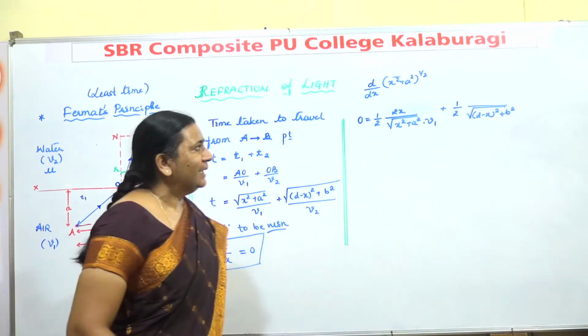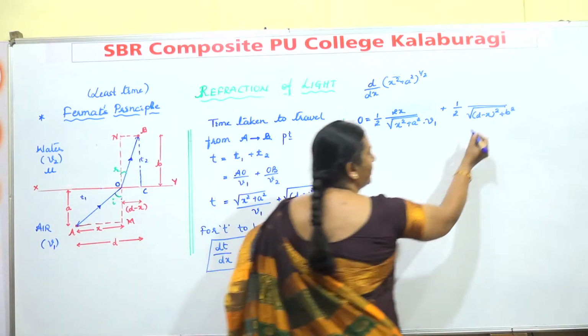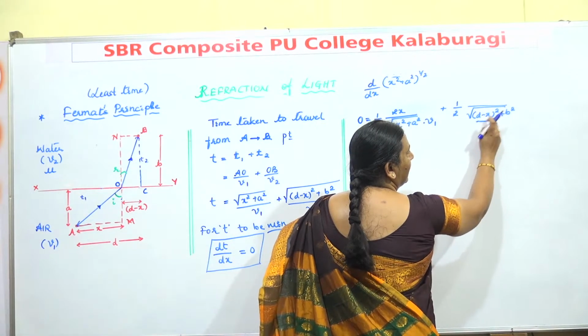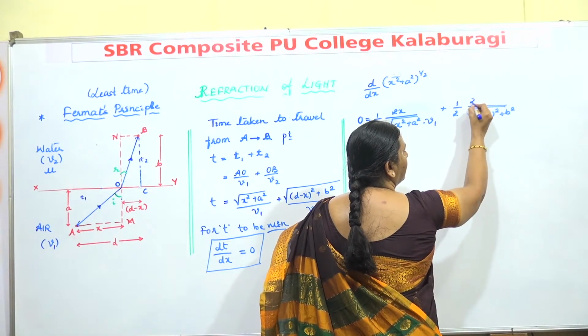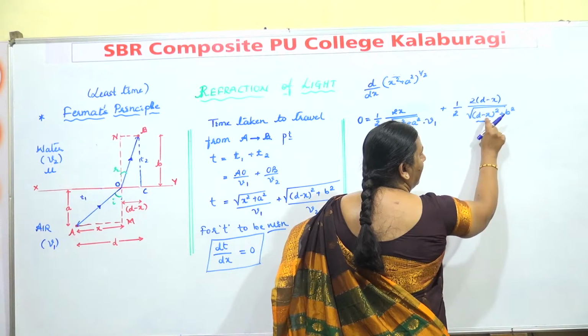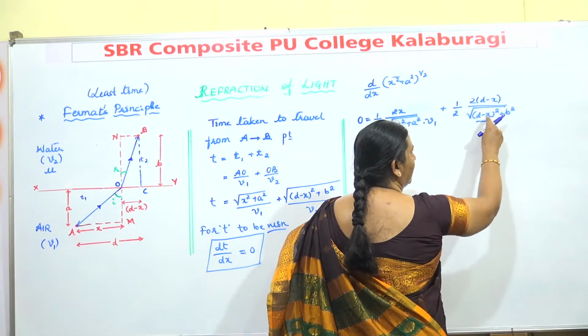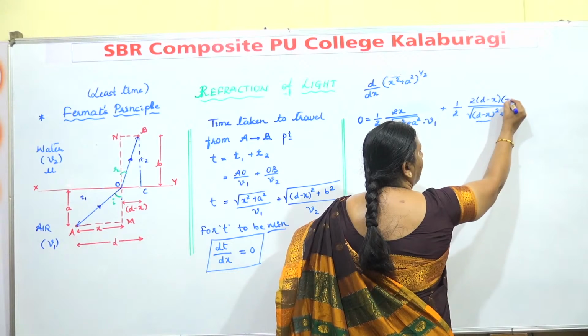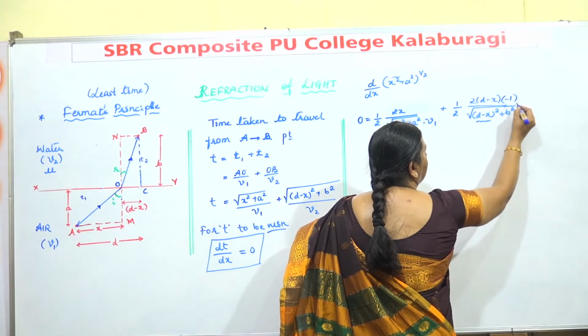But inside the root again you are having a function of x. So this part becomes what? d minus x whole square should first be differentiated. That becomes 2 times d minus x, and again you differentiate d minus x, because d minus x also is a function of x. So that becomes minus 1, and into v2, the denominator.